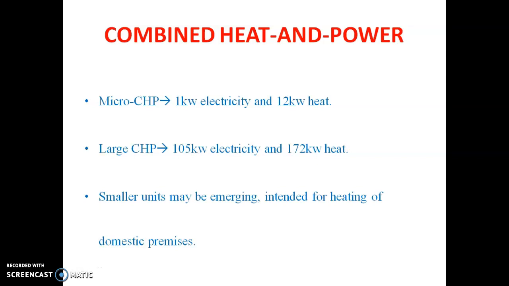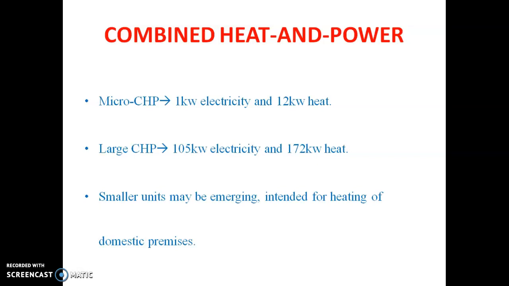Nowadays we also have micro CHP, that is, small installations to produce both electricity and heat for local space heating. Some possible applications of these are hotels, shopping centers and offices.